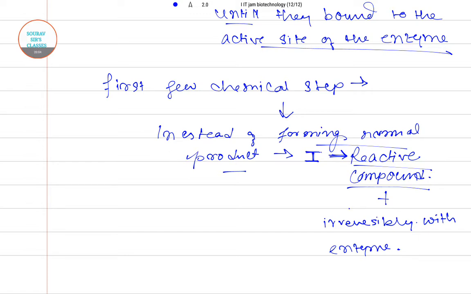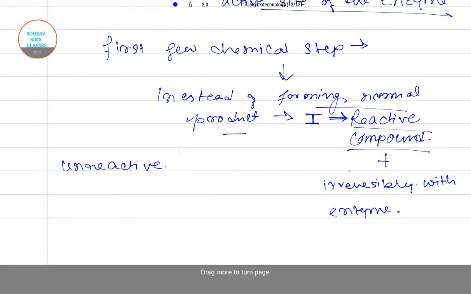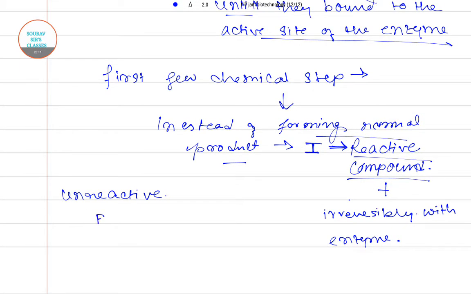So let's have a look at what is happening here. First, they are unreactive. But when there is an enzyme having the active site, this type of inhibitor binds with the active site, and so they become reactive.